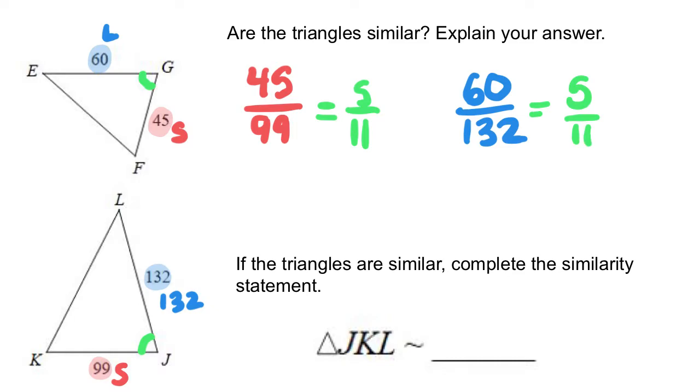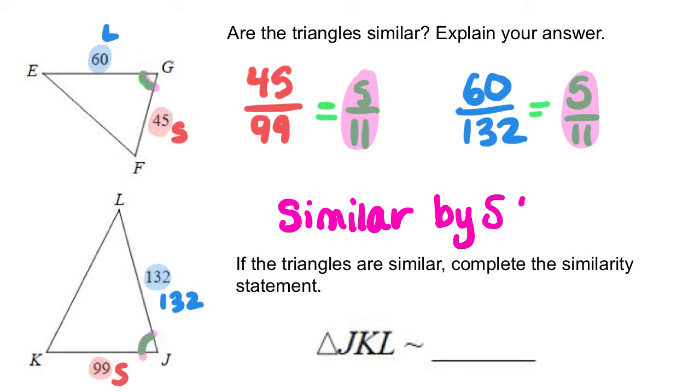So because these proportions are the same, 5 over 11, and I have the angle congruent, we can say that the triangles are similar by side-angle-side similarity.